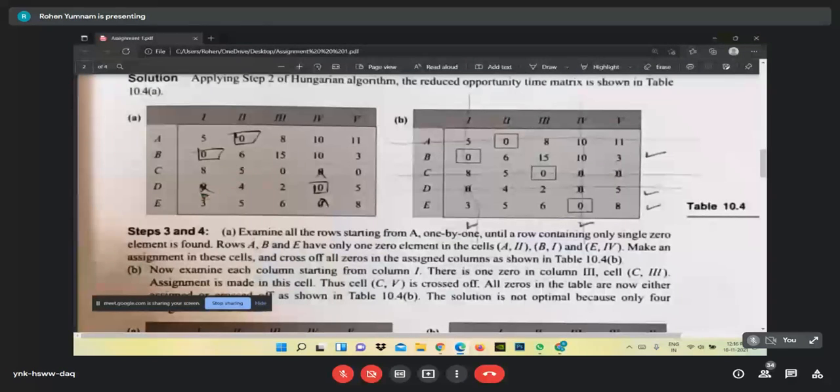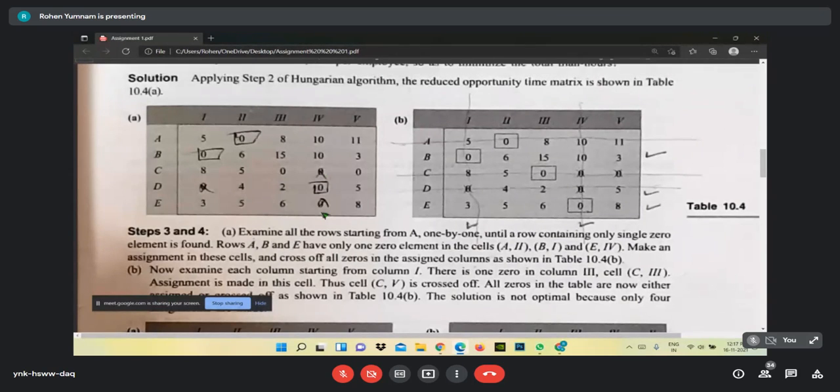And then here again, how many zeros? While making this assignment, this is crossed, and that is why this becomes only a single zero. Assignment is made here, and then this zero is cancelled.